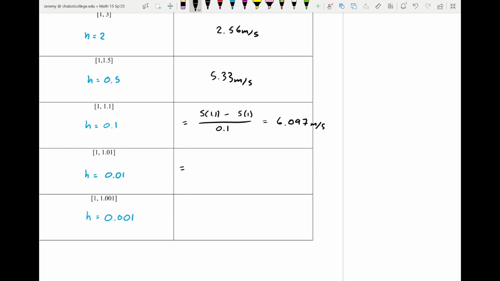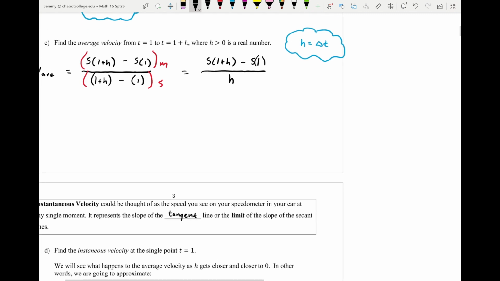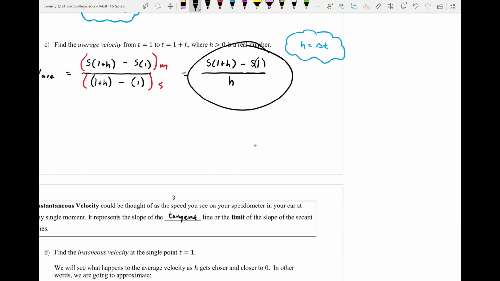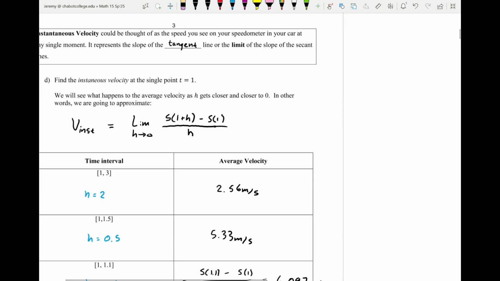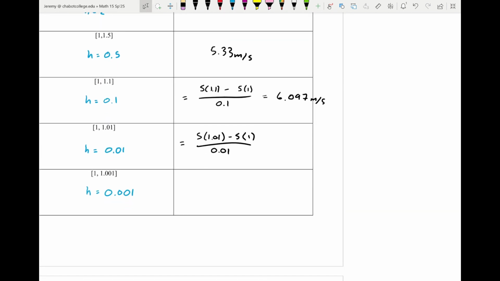Okay, and then next, let's look at s of 1.01 minus s of 1 over 0.01. Again, using that formula up here, where we're just dividing by h. Here, I plugged these in just so we can check together.